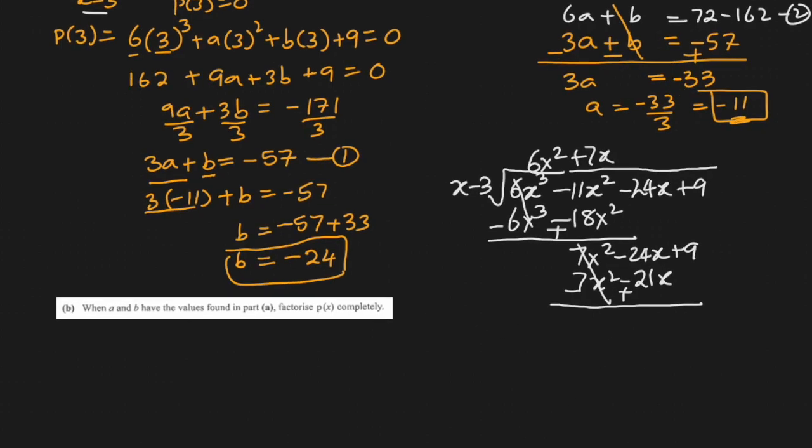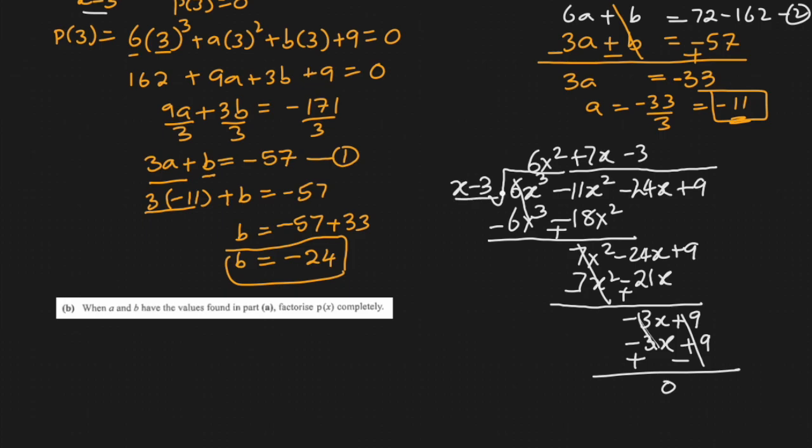So it becomes minus 3x plus 9. Now this x will be multiplied by minus 3 to be equal to minus 3x here, and minus 3 times minus 3 is positive 9. We subtract both by changing sign. Cancel, cancel. Yes, as expected, we have 0 remainder, but the job is only half done.